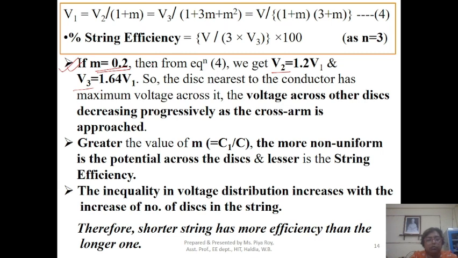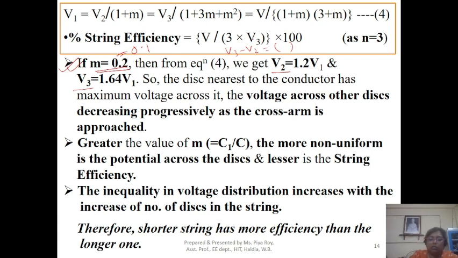Now, if you put the value of M equal to 0.1 and check the voltage differences between V1 and V2, and V2 and V3, you will observe that the difference between V3 and V2 will be lesser.